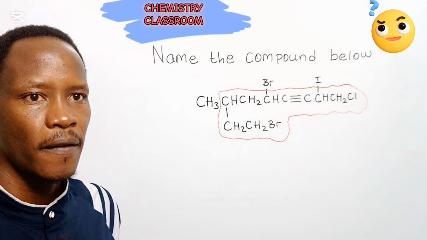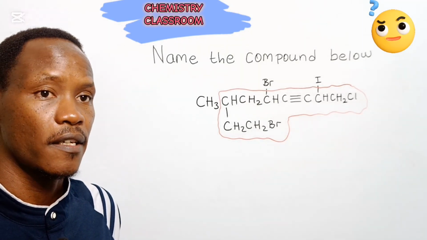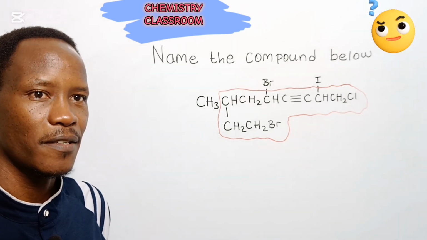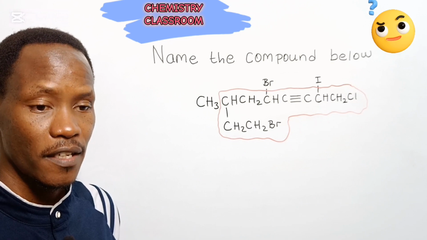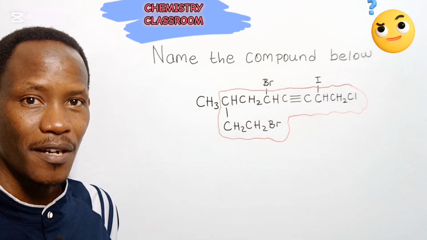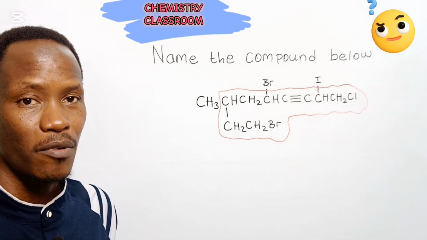The next guideline directs us to assign numbers to our parent chain, but we should always start from the end of the chain that is closest to our carbon-carbon triple bond.